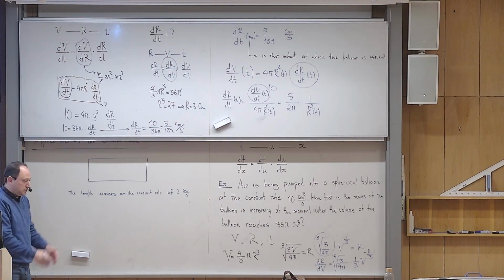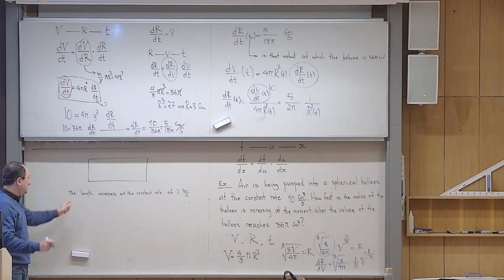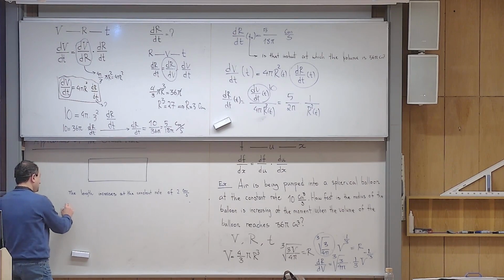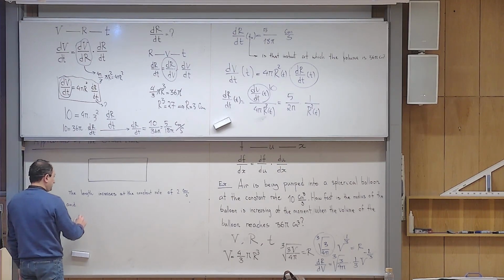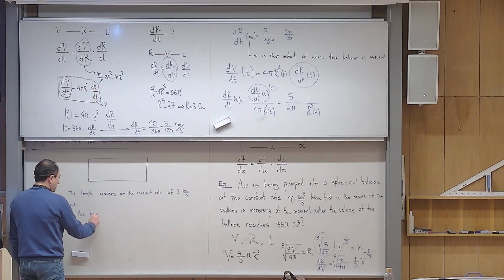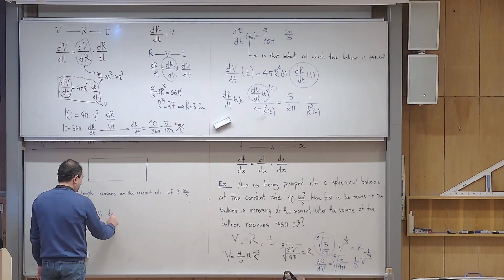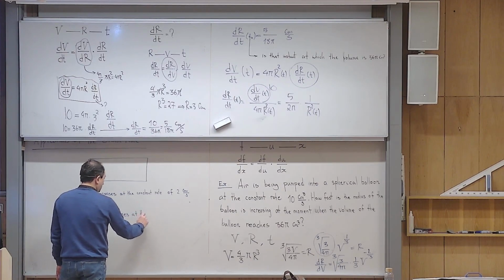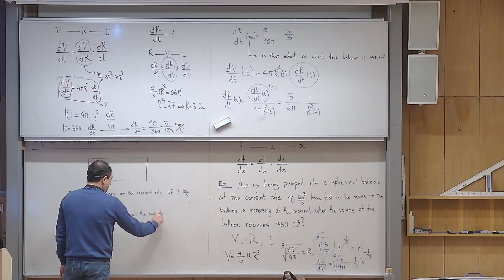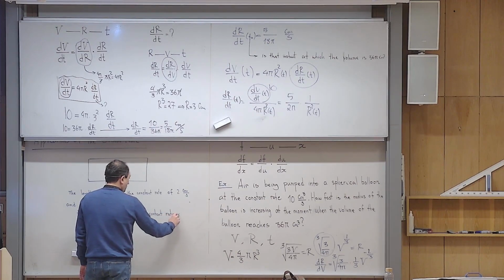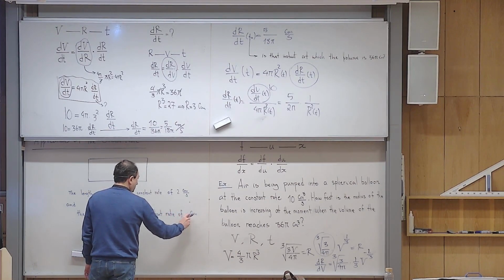So I have one given rectangle, and then I start increasing the length at a constant rate of 2 centimeters per second. And simultaneously, the height decreases at a constant rate of, let me write it, 3 centimeters per second.